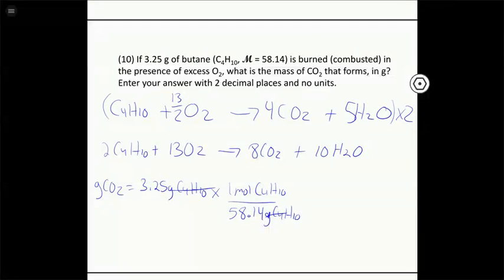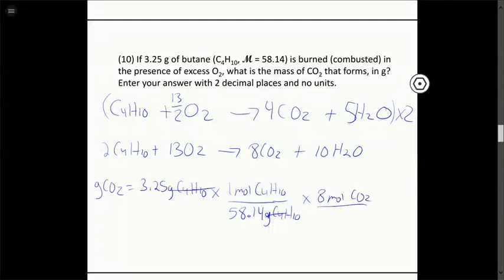We have 8 moles of CO2 that form for every 2 moles of C4H10 that reacts. Or alternatively, using this form in the equation, 4 moles of CO2 for 1 mole of C4H10. The ratio is still the same. So we're going to say that 8 moles of CO2 forms for every 1 mole of C4H10. So moles of C4H10 cancels out, and we get to moles of CO2. And then the last step is to convert that into grams.